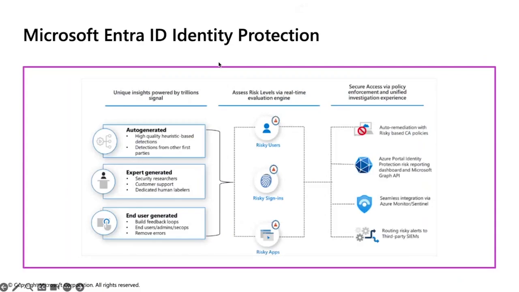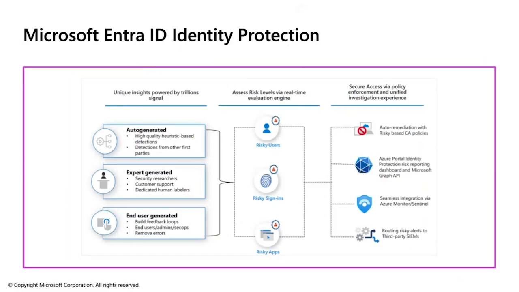Also, for my identity, we have Entra ID Identity Protection. It is a premium feature that comes under the Entra ID P2 license. Basically, we have four types of license. The first is the free license that comes with every Microsoft 365 or Azure tenant.